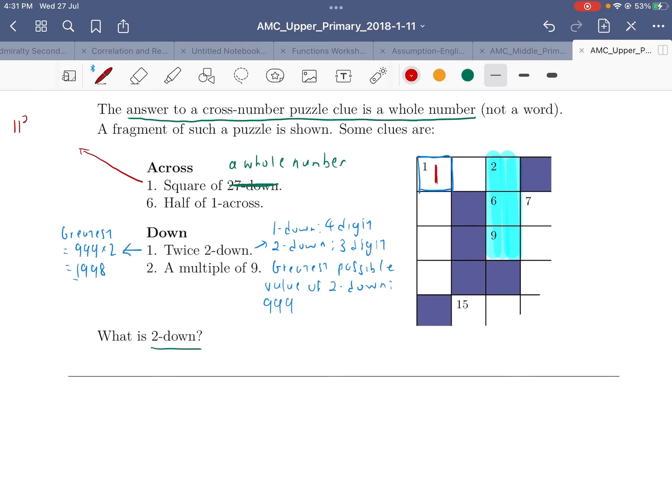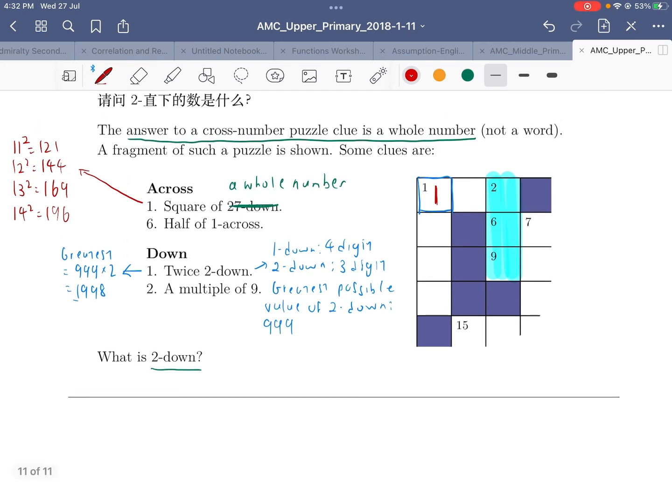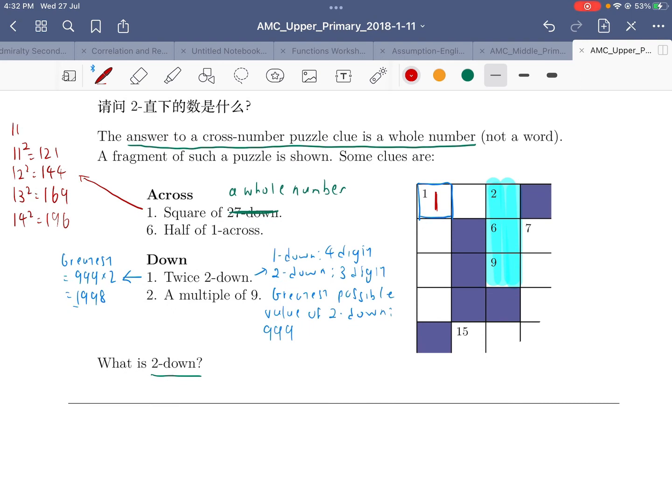We have 11 square, which is 121, 12 square equal 144, 13 square equal to 169, and 14 square equal to 196. Actually, we can also have 10 square, which is equal to 100 as well.